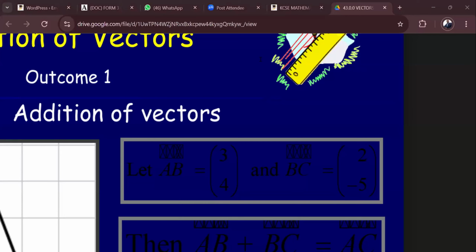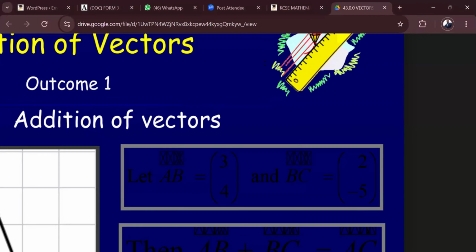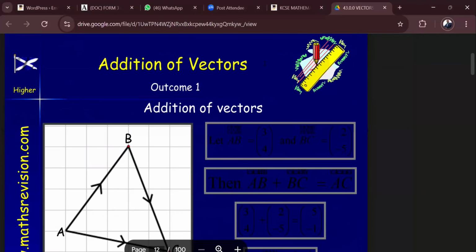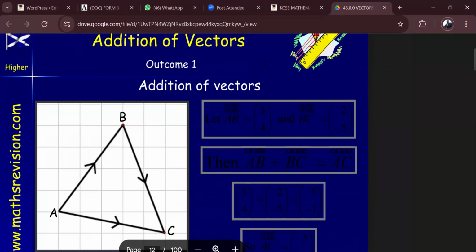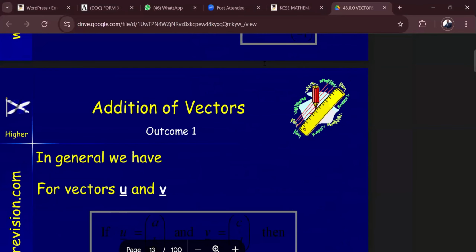The answer is 5, -1. Very good. As we have said, 3 goes with 2 and 4 goes with -5 to get your answer as 5, -1. So when you're adding vectors, you can't mix X and Y. X goes with X and Y goes with Y.